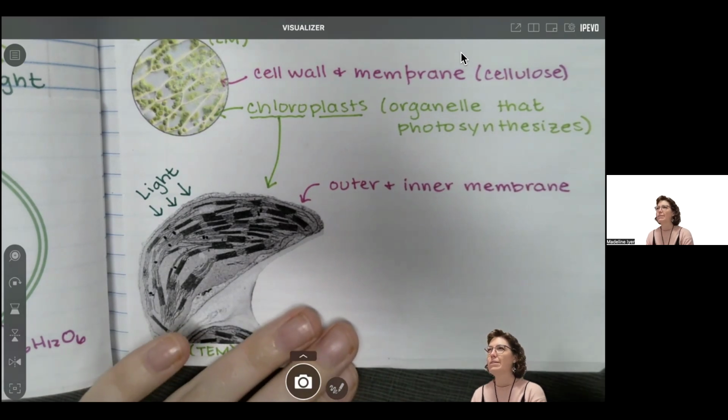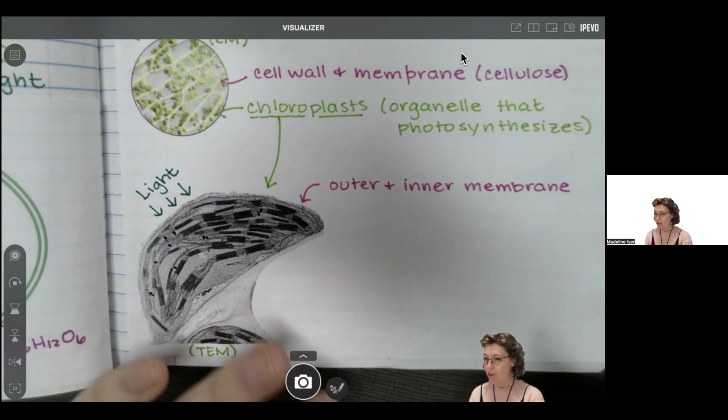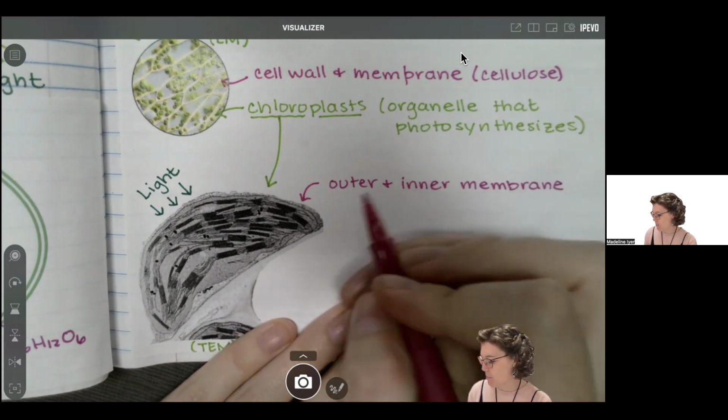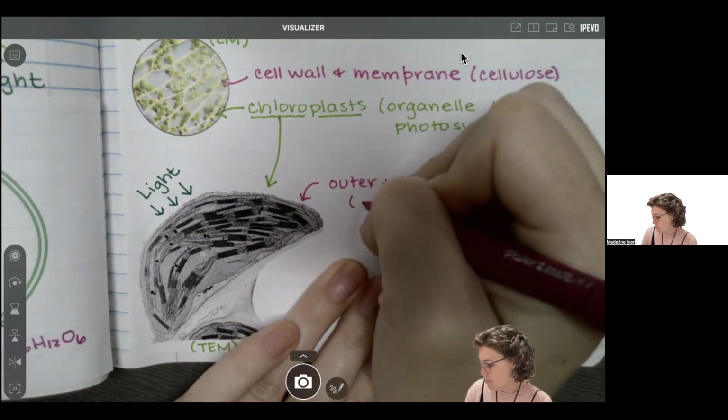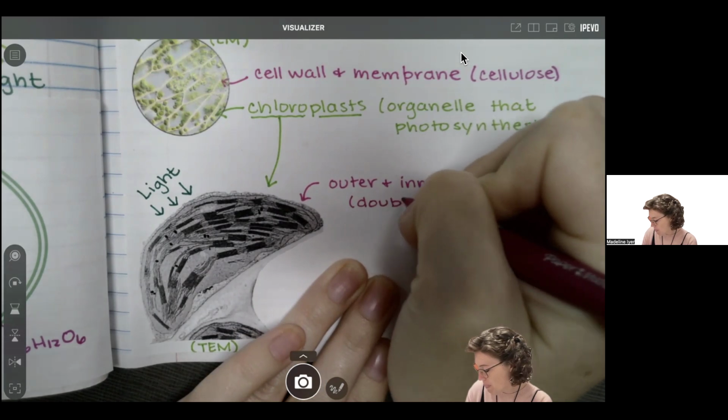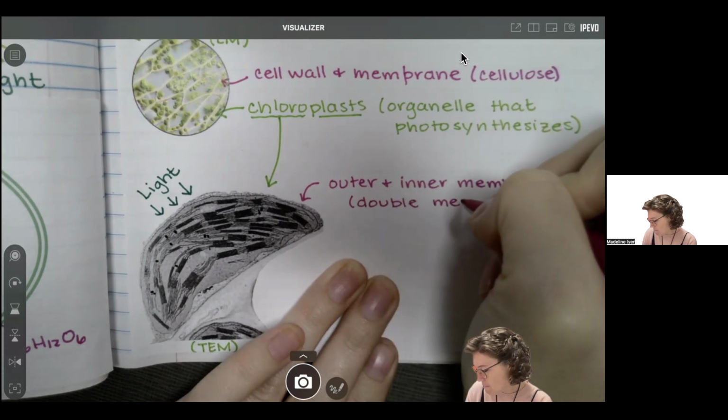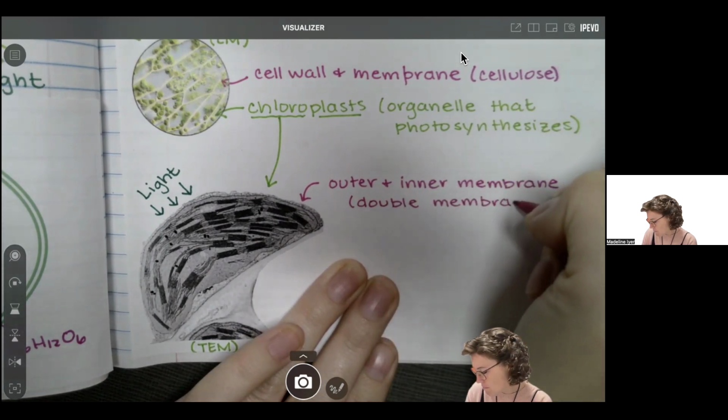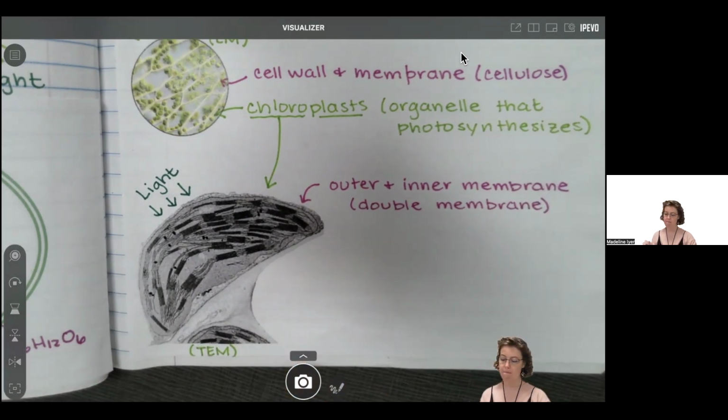That had people wondering for a long time, and we've got some ideas of why that might be. I'll tell you about those later in the unit, but that's what we call a double membrane. And photosynthesis is what happens in the center of this.